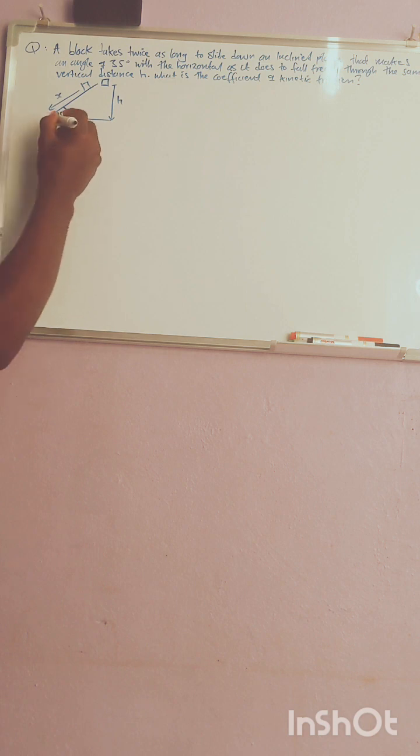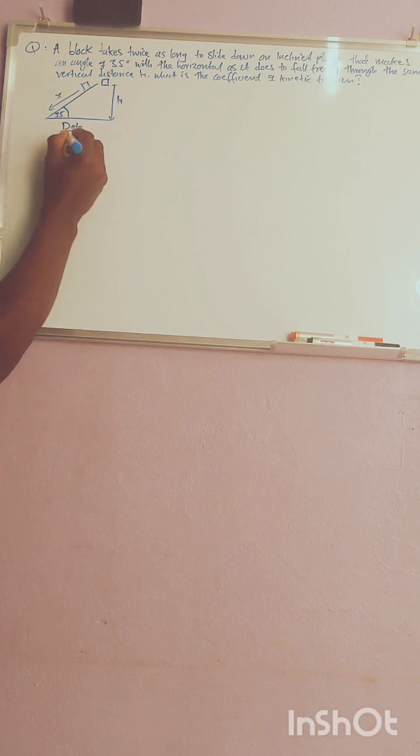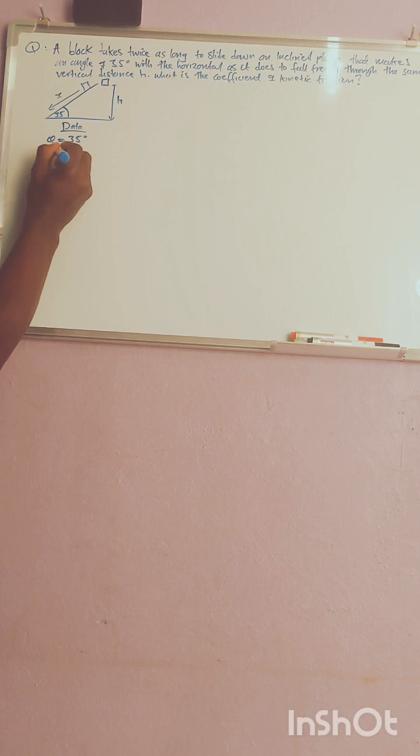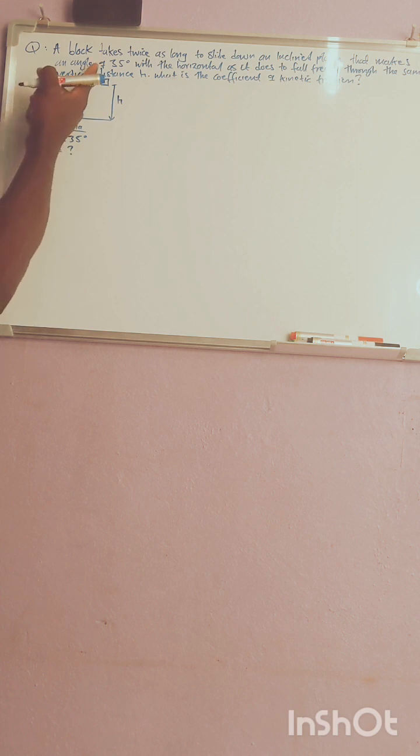So we have our data. What do we have? We have the angle, which is 35. The height we don't know, so we also don't know the distance it takes for this block to slide down from this point to the lowest point.